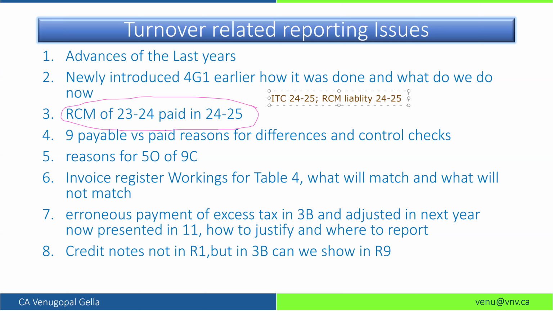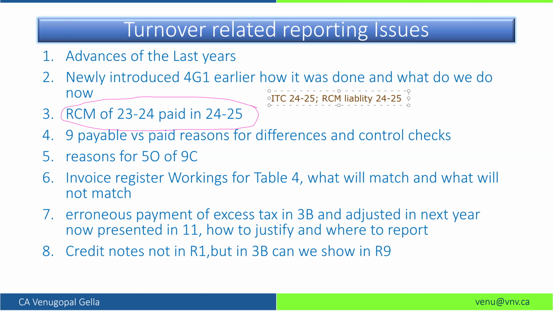Only saying that, okay, can we not disclose this in 4G and 10 because it is paid in the 3B of the subsequent year? Again, the answer here is no. My liability cannot be paid for the next year for the RCM. We have instructions given that tables 10 and 11 should be used for your outward liability.